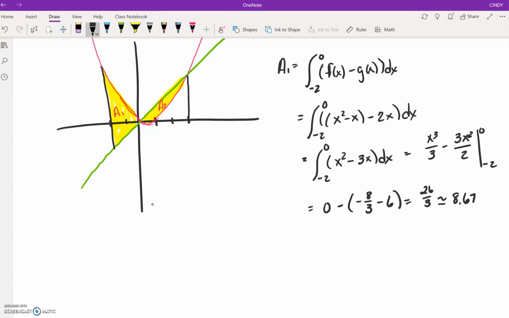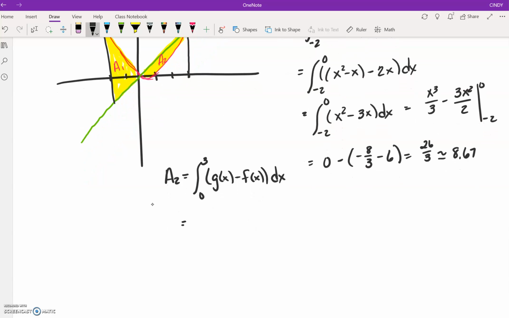Okay, let's take the area of region 2. I'm going to scooch over here. Okay, that one, the green function is on top, so I need to integrate this between 0 and 3, and I need to take g of x minus f of x. Remember, it is the function on the top over the function on the bottom. So here we go. Let's plug that in.